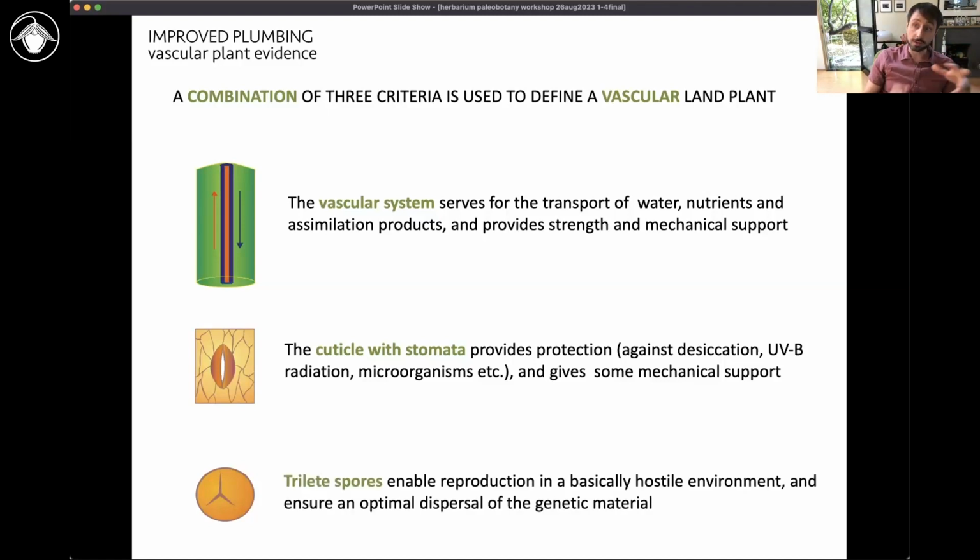Trilete spores were another trait that you see in the fossil record that's associated with many of these vascular plants. And it allows for reproduction in an environment that is quite hostile. We're talking about this windswept, UV blasted, irradiated landscape that's not friendly for a little aquatic algae.